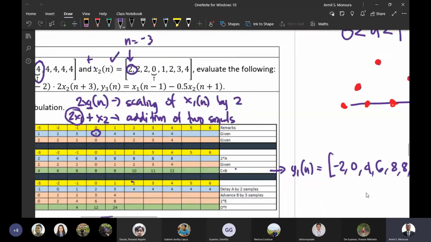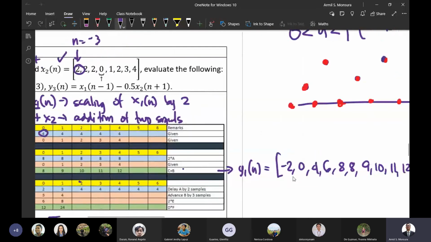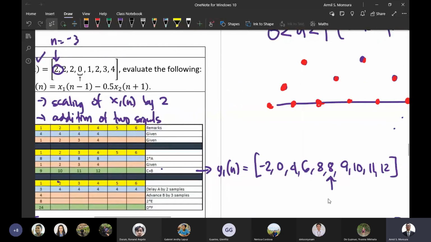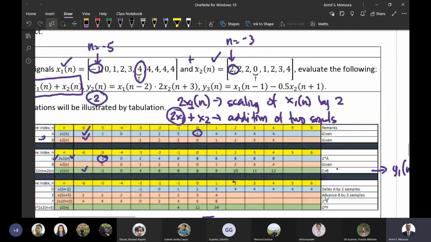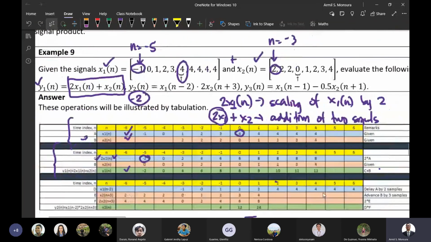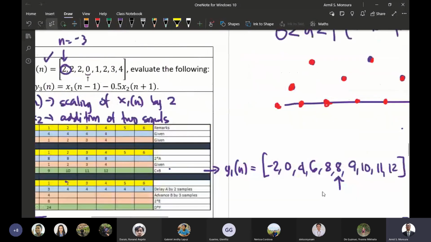Na ang index natin ay dun sa pangalawang 8. So, yan yung output signal ninyo, or yung processed signal ninyo, in vector form.